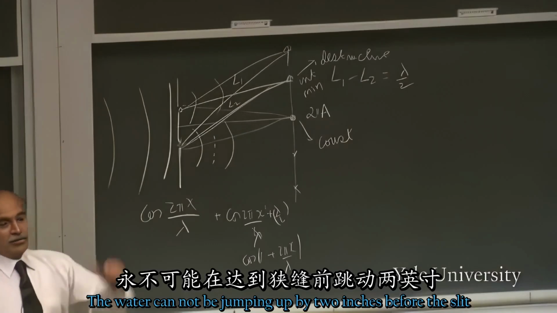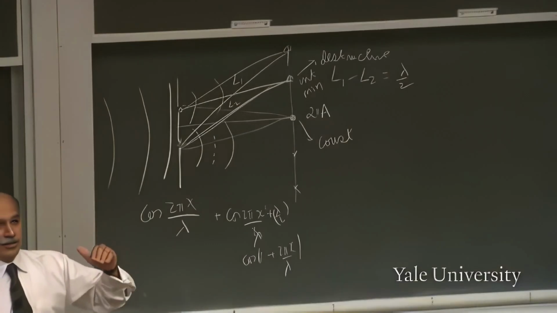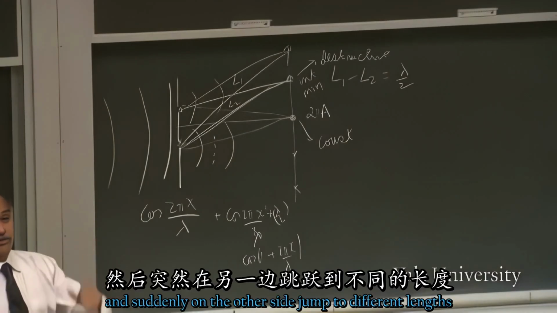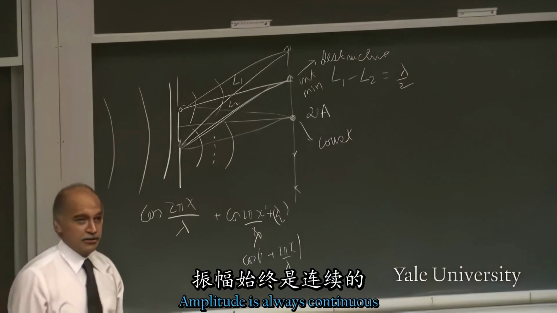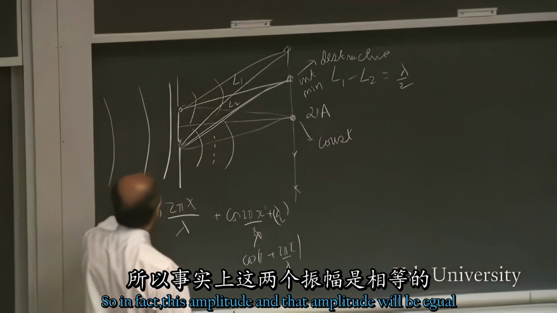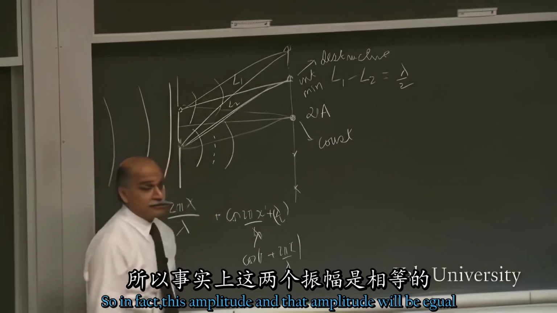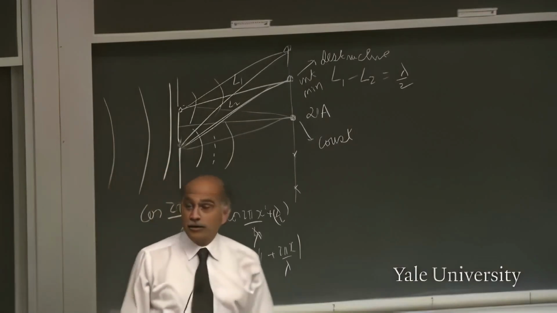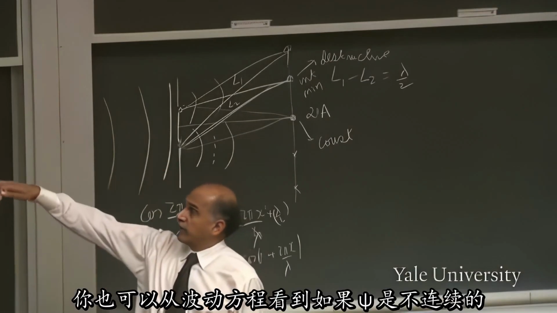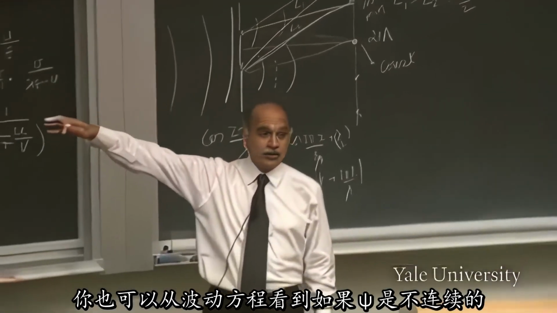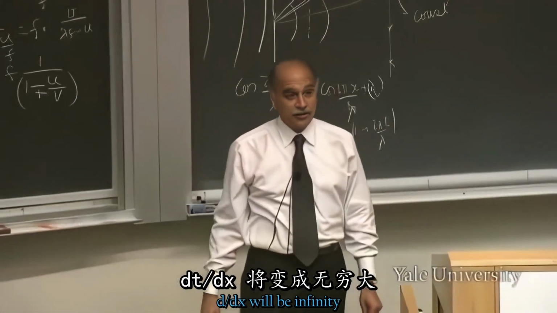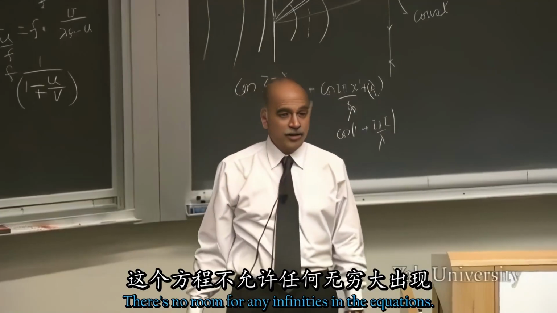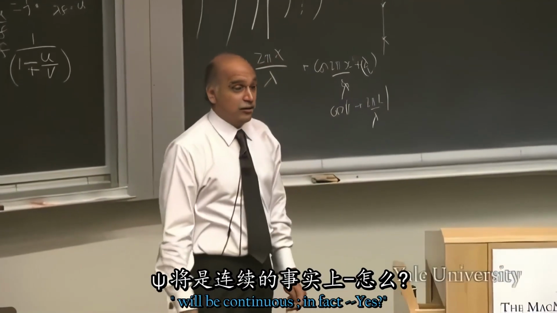The water cannot be jumping up by 2 inches before the slit and suddenly on the other side jump to a different length. So amplitude is always continuous. So in fact, this amplitude and that amplitude will be equal. You can also see from the wave equation, if the psi was not continuous, d psi dx will be infinity. There's no room for any infinities in the equation. So psi will be continuous, in fact.